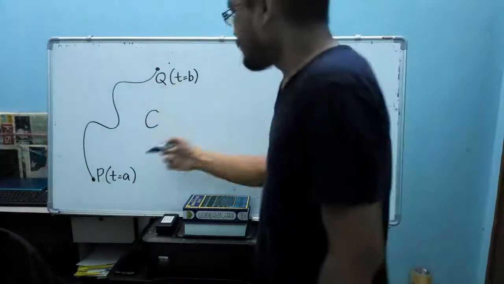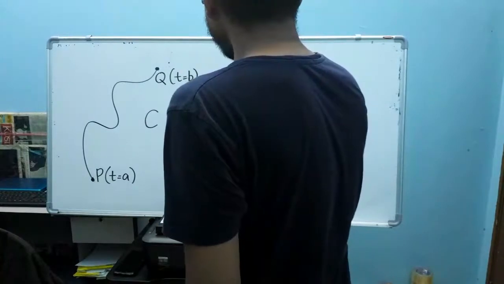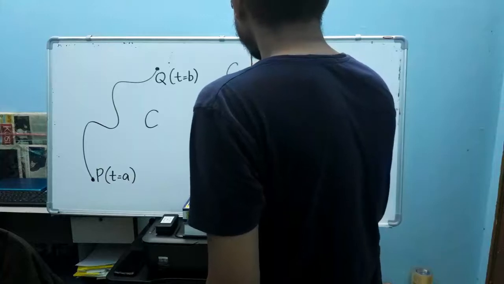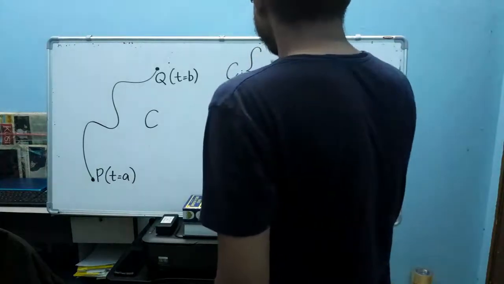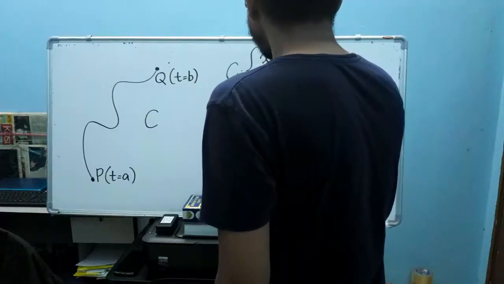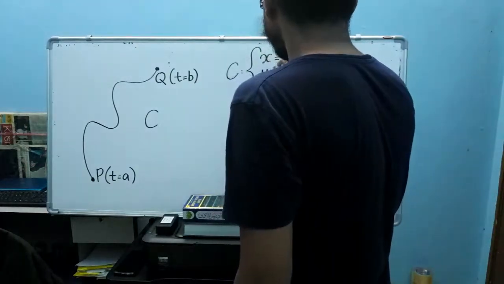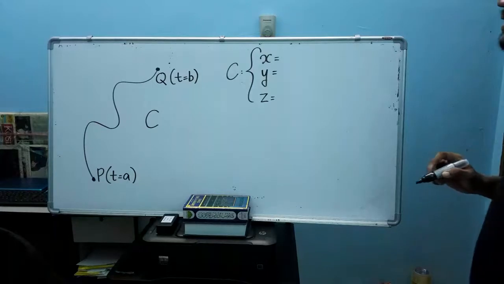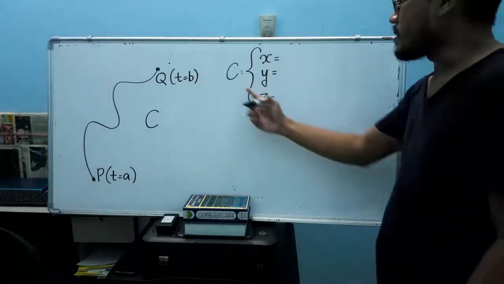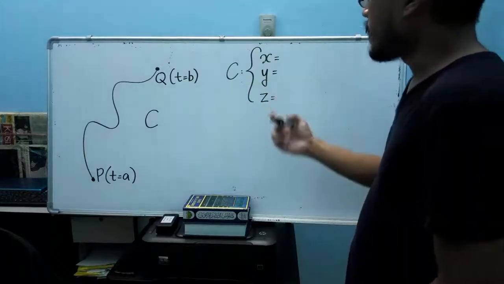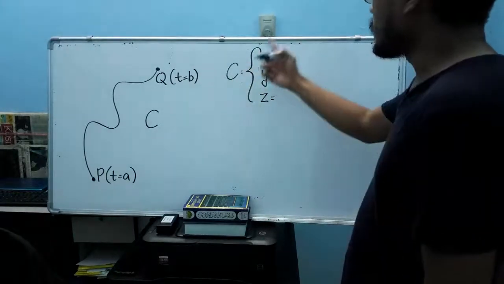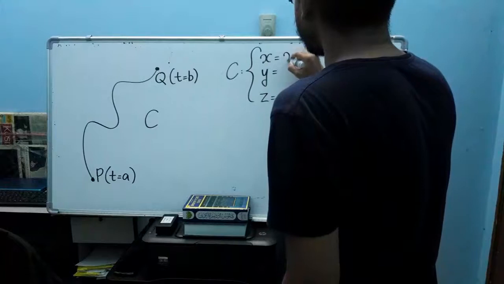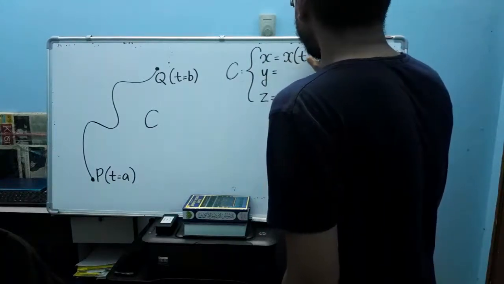Now from this C, we can find the parametric equation. Since C is in space, we will have x, y, z. This is the parametric equation of C. How to find it? You need to find x, y, z, where x is given by a single variable function that depends on t.